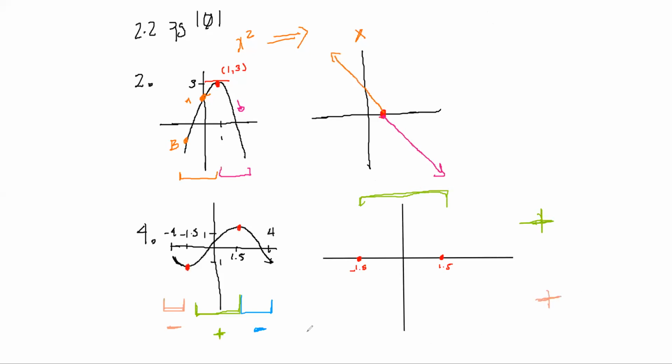And we're going to have negative areas from here to here, and we're going to have negative from here to here. I also drew a positive down here. I'm such a fool. Okay. All right. So where is it the most positive?